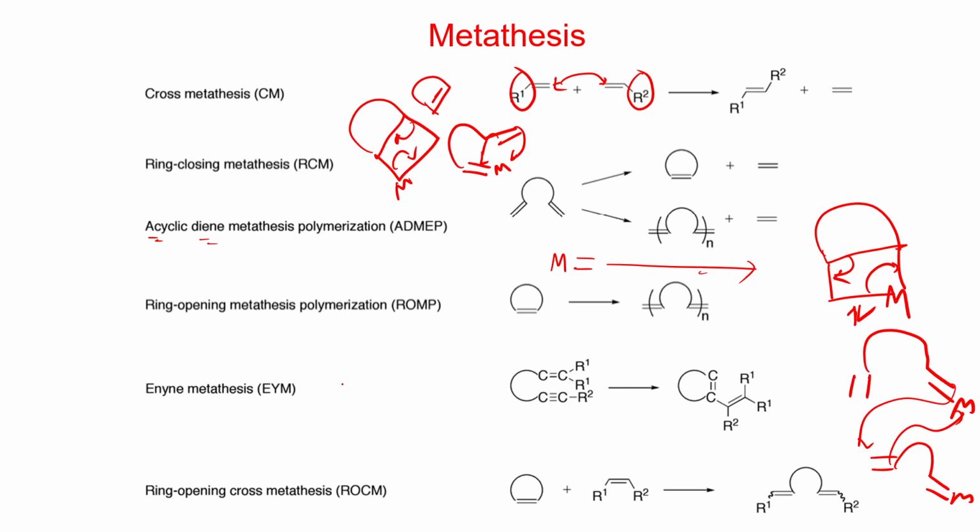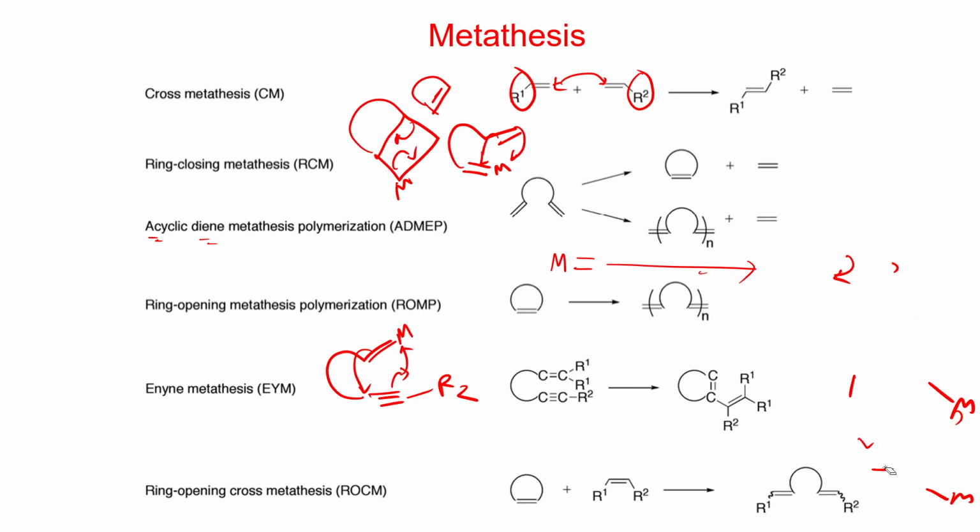So for this, if we see the mechanism, that's the same kind of metal carbene would be forming. Then it will react with your triple bond like this, and we have an intermediate over here.